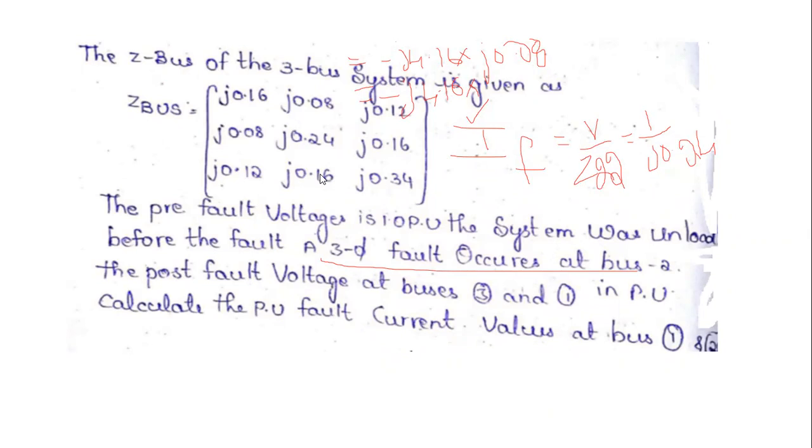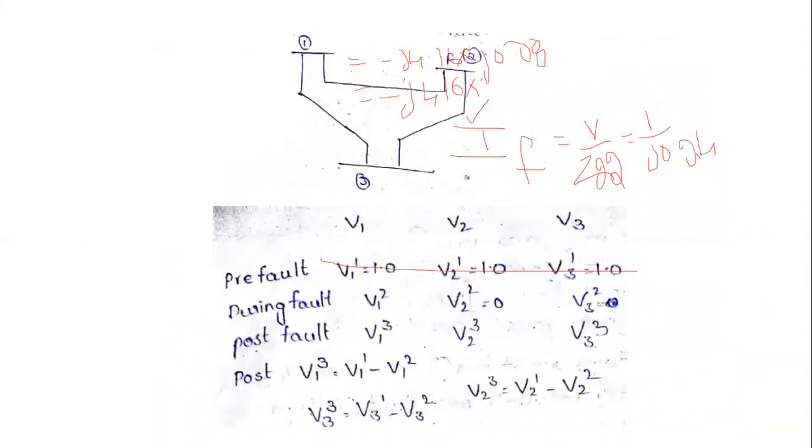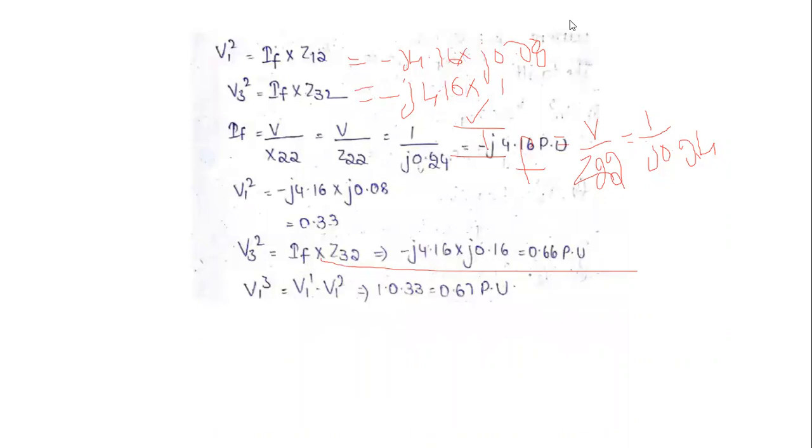That is j0.16. This is the voltage at bus 3 during the fault condition, and the earlier one is the voltage at bus 1 during the fault condition.